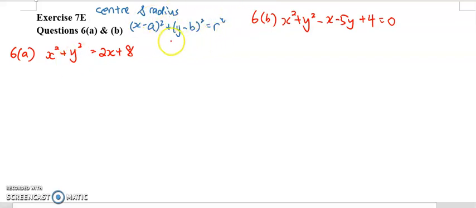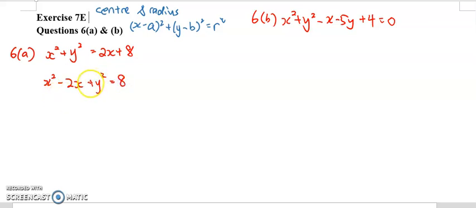If you want to express it in this general form of circle equation, on the right hand side there's only one numerical value, so we try to keep one numerical value. So for 6a, we can keep 8 on the right hand side, and we shift 2x to the left hand side.